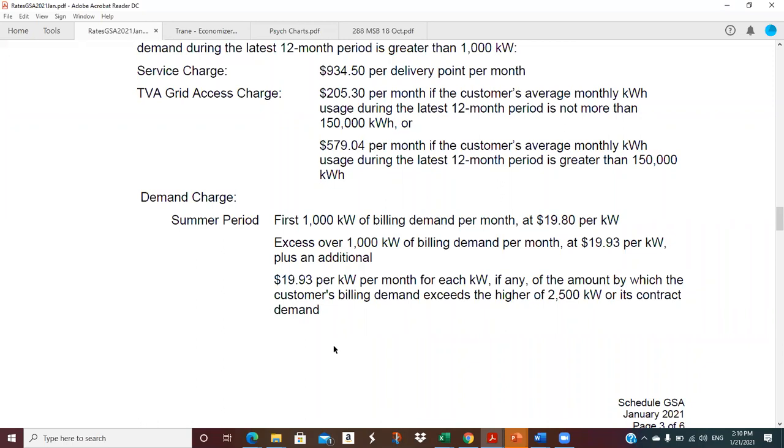When the utility plans how much capacity it needs, it looks at all these contract demands, and that's kind of the worst case. They figure if they add up all the contract demands, their actual demand will be less than that, because almost nobody gets to their contract demand since they penalize you for it.